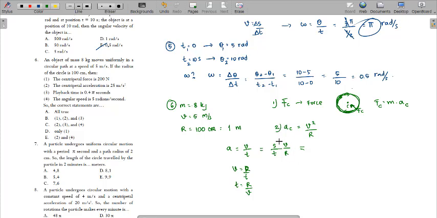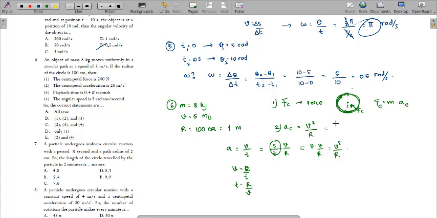Okay, s over t is v, and v divided by r, so you get v square divided by r. Now, why not just use v over time? Because you don't have time in here, so that's why we use v square divided by r. Actually this is the same, just changing the formula so you can use everything that you have.